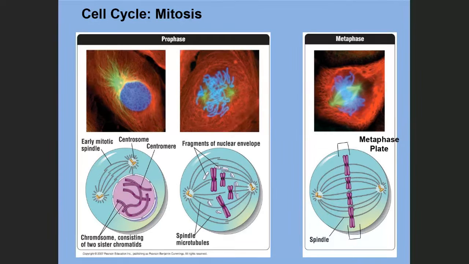Now, this term right here, centromere. The centromeres are represented not only here, but they're actually represented much clearer over here. Okay, I don't know why they drew the line that way.